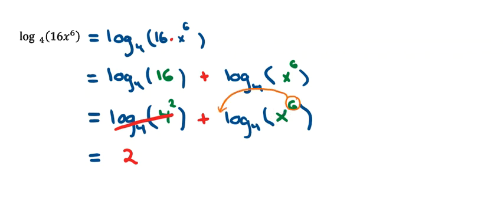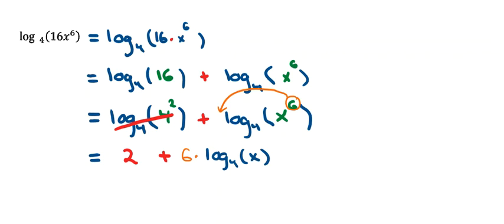In other words, we're going to take 6 and multiply it to that log base 4. All right, it only goes in front of the log that it's associated with. It would not go in front of that 2. So cleaning this up, we'd have 2 plus 6 times log base 4 of x.